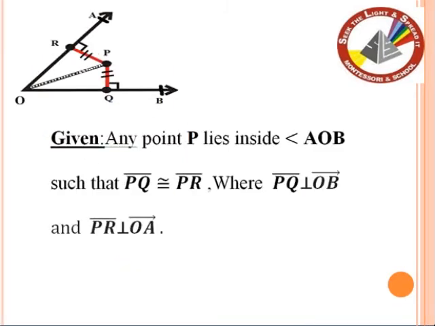Now we are going to write the given. Given is always written by using the statement and by using the figure. So we will write points from the figure and also from the statement. Any point P lies inside the angle AOB, such that the distances PR and PQ are congruent to each other, where PQ is perpendicular to OB and PR is perpendicular to OA.